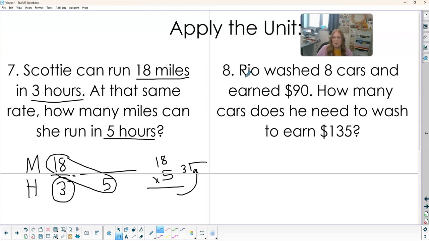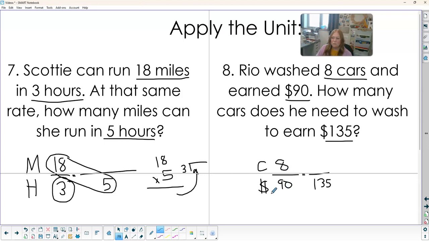Hey, next up, we have Rio washed 8 cars. So he washed 8 cars and earned $90. So we have cars and we have money. So he washed 8 cars and earned $90. So he wants to know how many cars does he need to wash to earn $135. So dollars is on the bottom. 135.